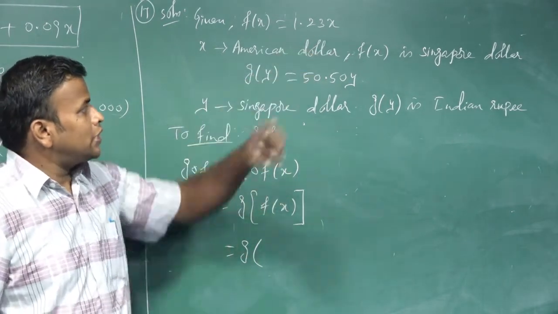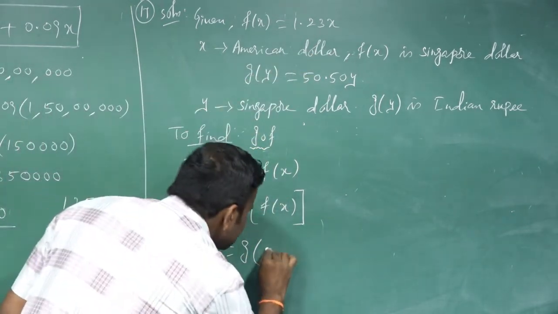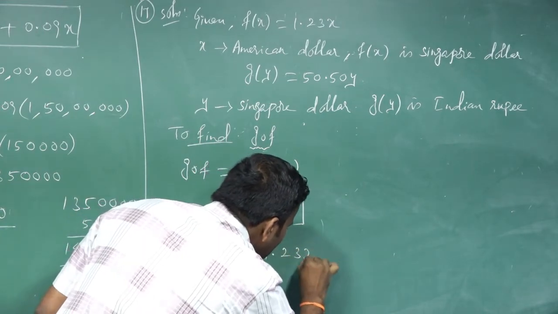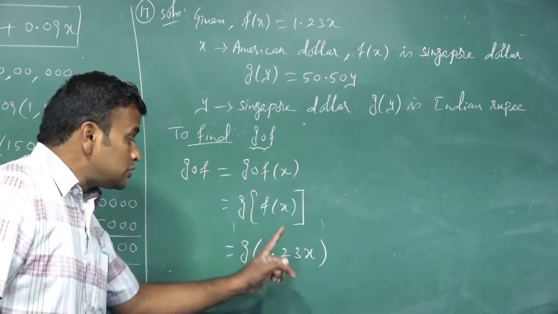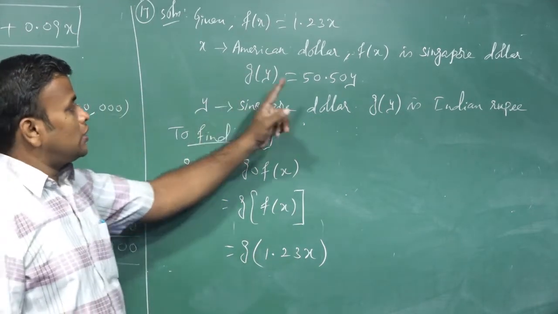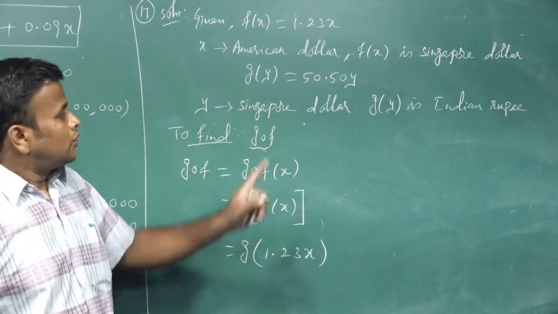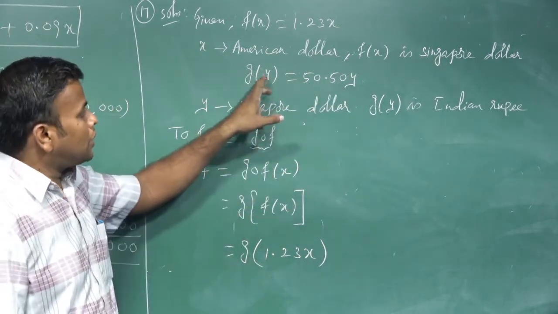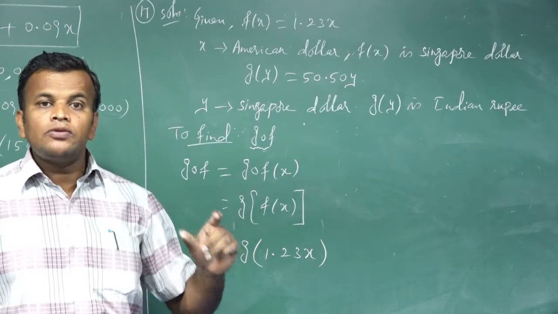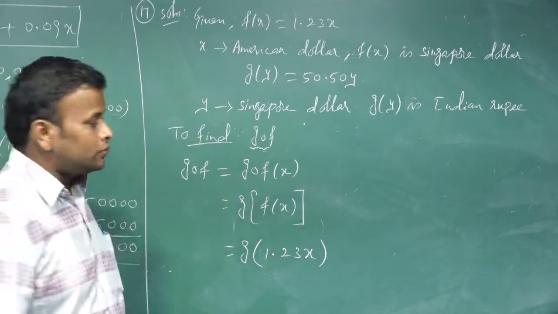F of x is defined as 1.23x. Okay, so it is a value of g of x. But g of x value is also defined. That is g of y. How to define g of y? We write 50.50y. So the bracket one term is multiplied with 50.50.